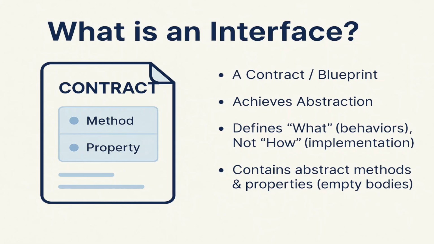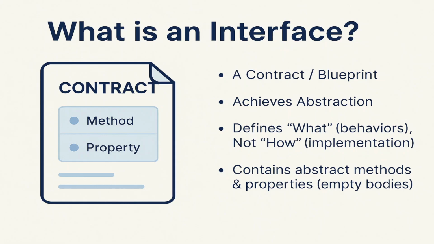So if you take a look, we have a contract on the left hand side, which is having a method and property. So what it actually means is that an interface can contain methods and properties, and normally it doesn't contain the implementation.